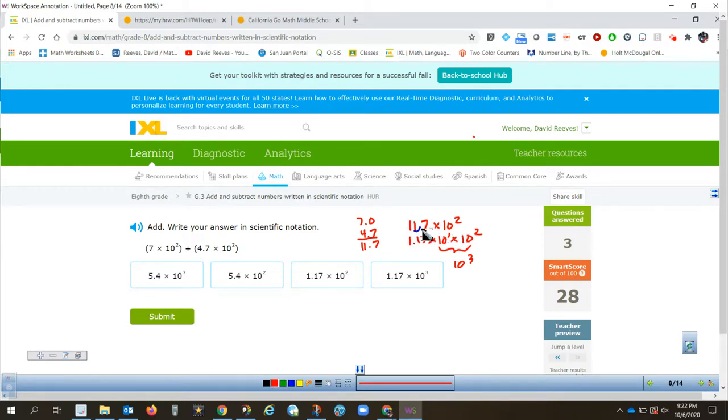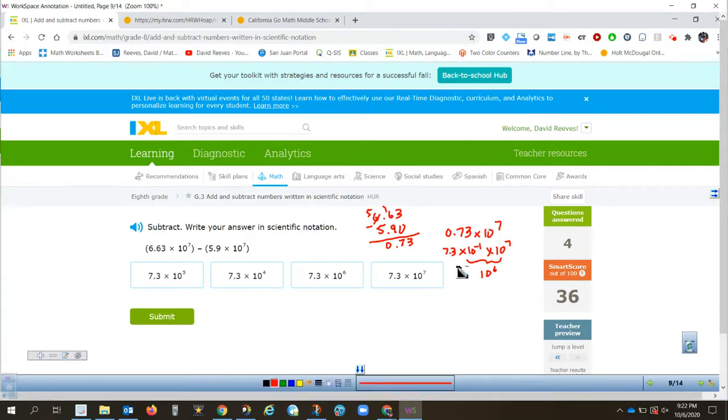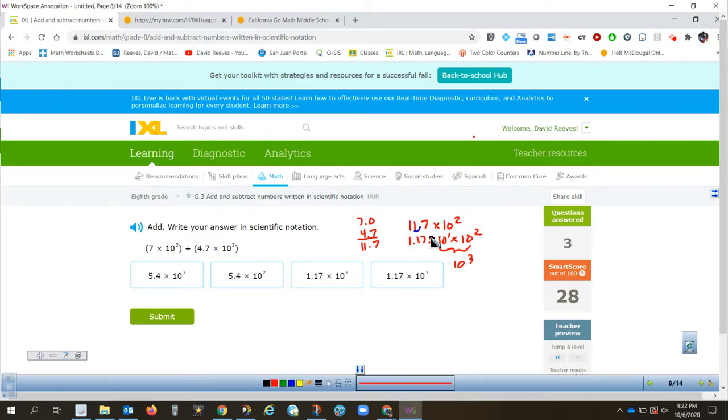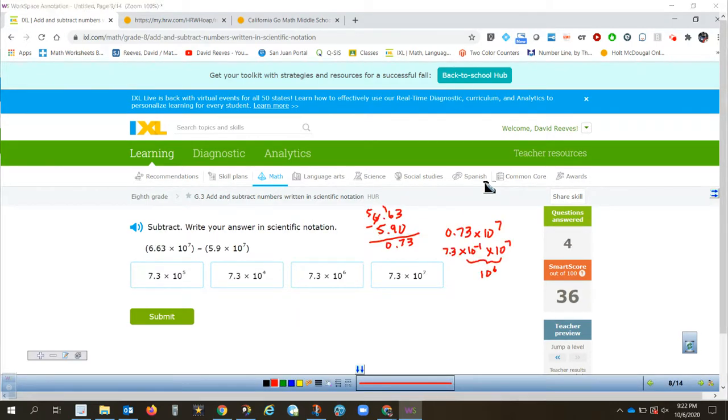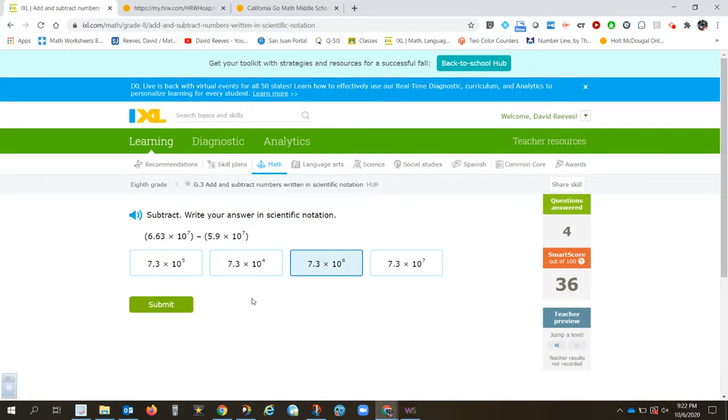We made this 10 times smaller, so instead of 10 to the second, it was 10 to the third. This time we made it 10 times bigger, so this one went from 10 to the seventh to 10 to the sixth. Coefficient gets bigger, power of 10 gets smaller. Coefficient gets smaller, power of 10 gets bigger. So 7.3 times 10 to the 6th power.